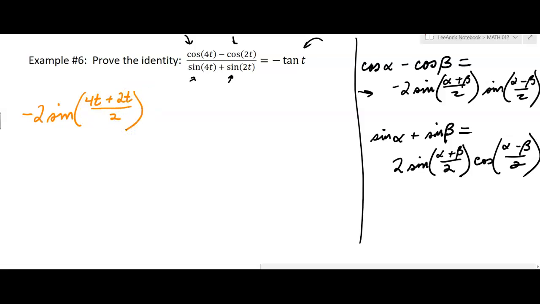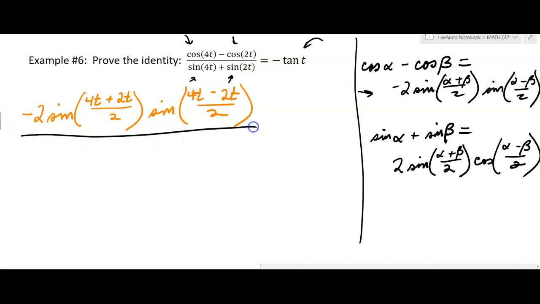And then I have sine, got to keep with the formula here, 4t minus 2t over 2. Okay. And then in the denominator, I probably should double check and make sure I wrote everything right. 4t plus 2t, yeah, that looks good. 4t minus 2t, I've got the signs right.